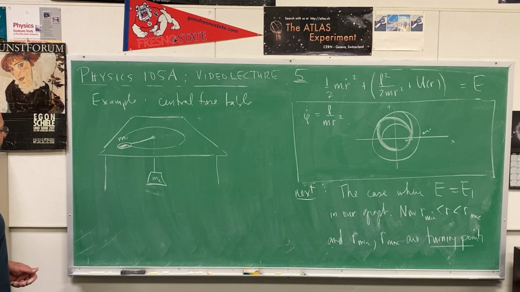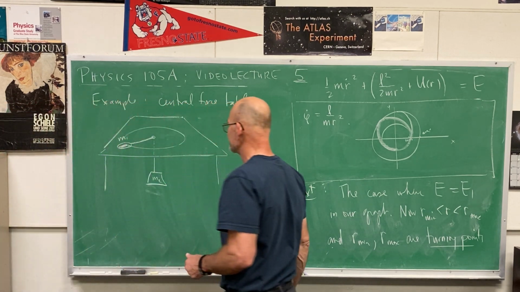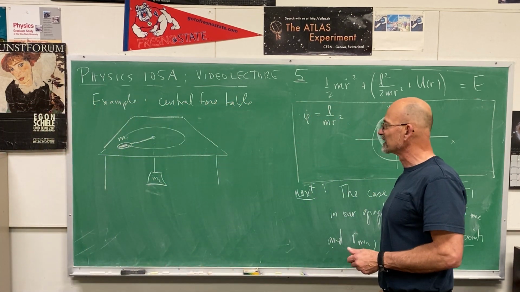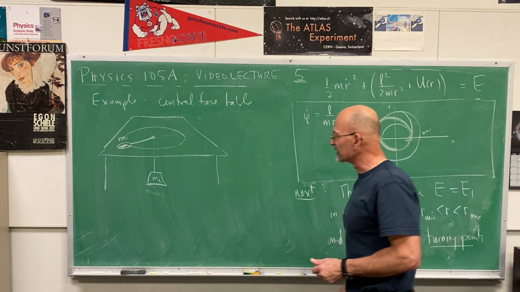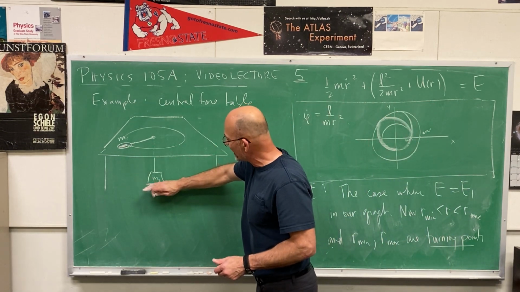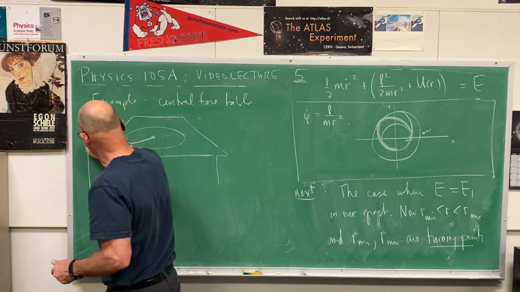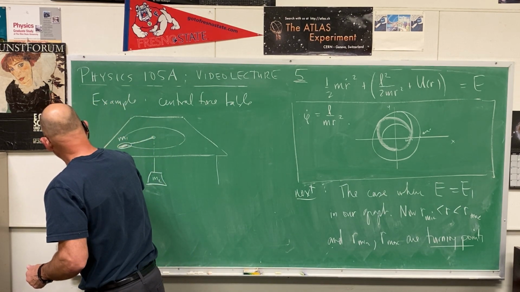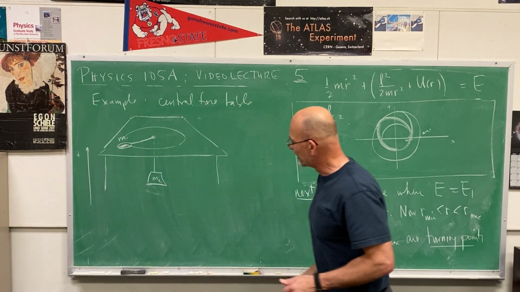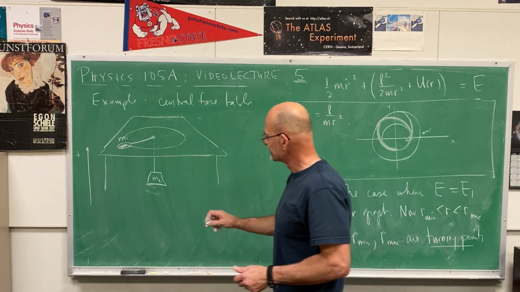And then, what's the potential energy? What's the potential energy of this system? Well, this is a flat tabletop, so the potential energy just depends on the positive direction there.